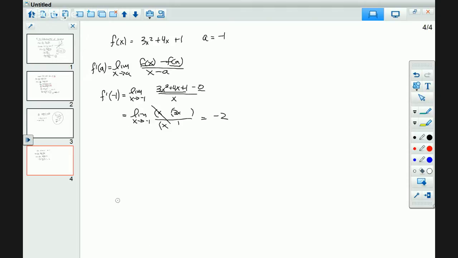It's x minus a, so no, that should be positive. Where am I wrong? Your minus is 0.